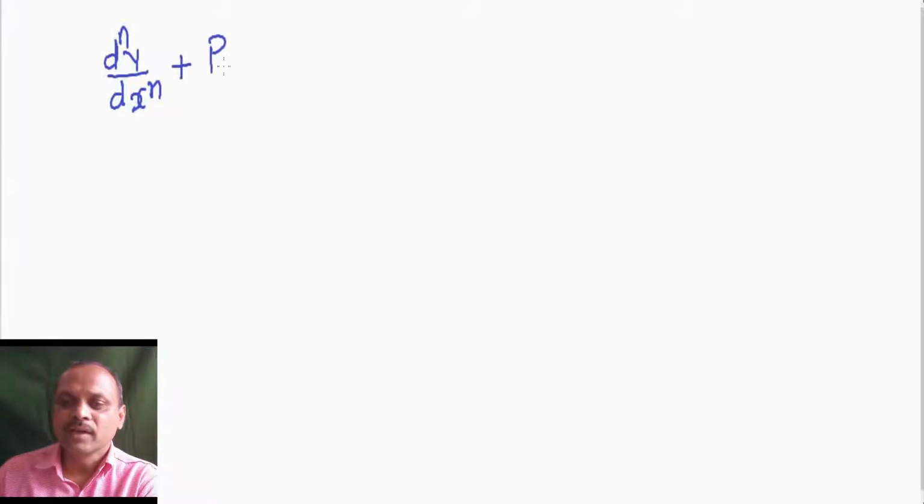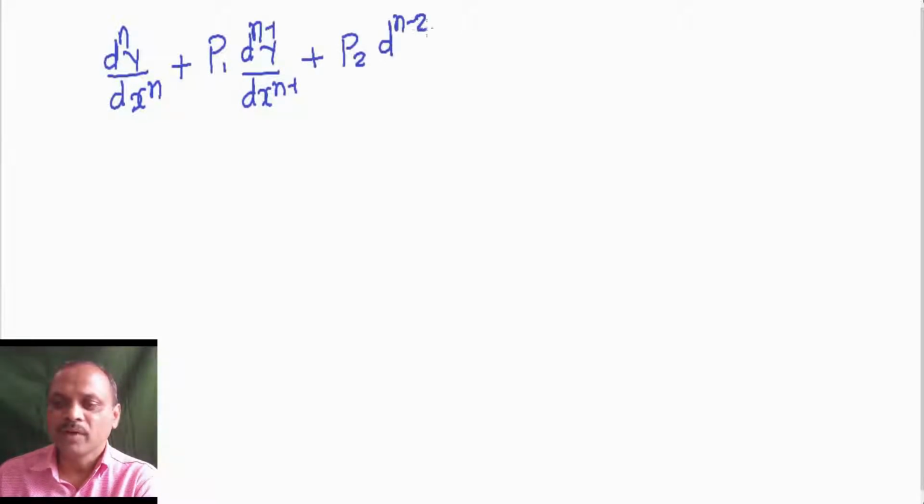The nth order differential equation is d^n y/dx^n + p1 d^(n-1) y/dx^(n-1) + p2 d^(n-2) y/dx^(n-2) + ... + pn y = 0.